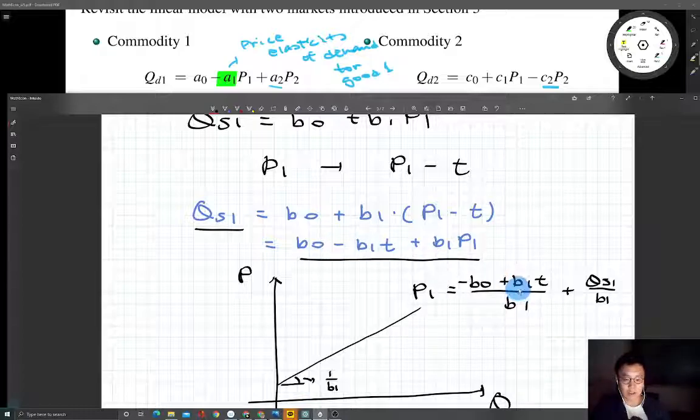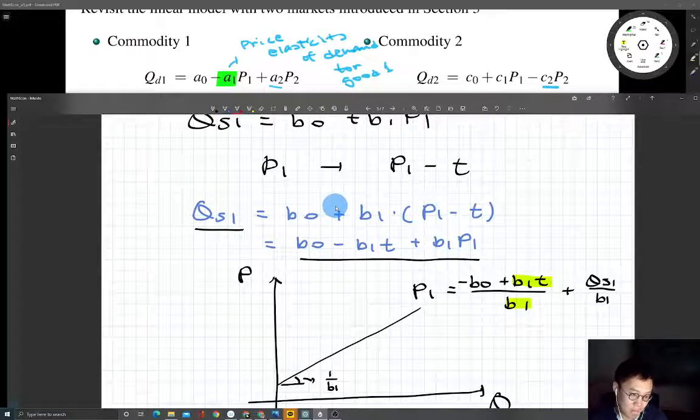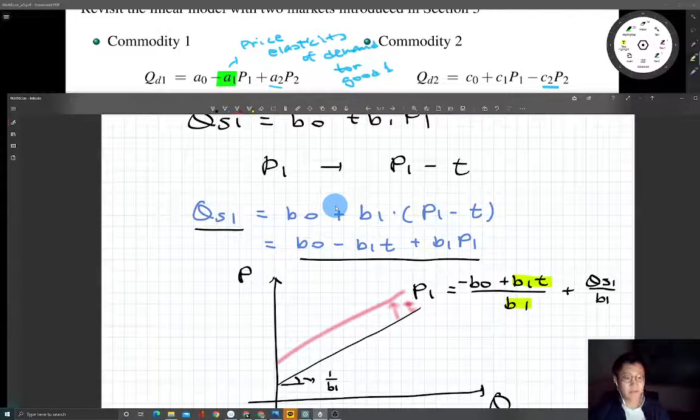Yeah, and it seems that the y-intercept goes down. Actually, after rewriting this equation in the regular function form, we can see that the y-intercept goes up by t, because we have this additional term after tax, b1t divided by b1. So the supply function will go up as much as t, the tax rate.